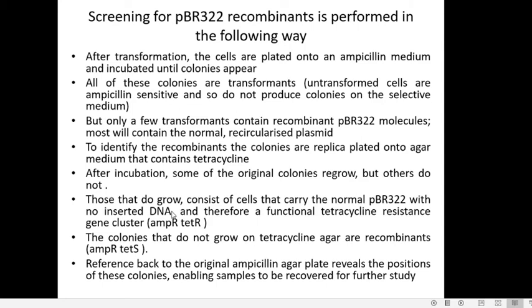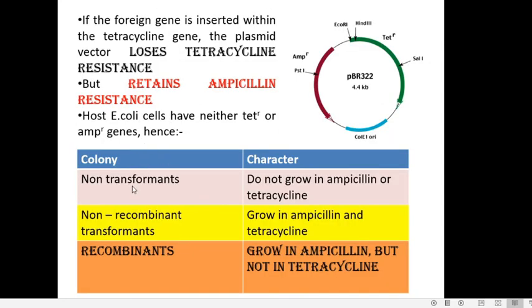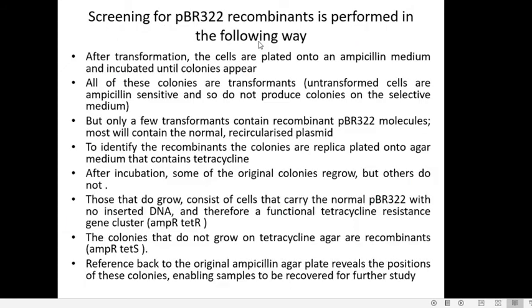We will just check. The non-transformants do not grow in ampicillin, whereas the non-recombinant as well as the recombinant transformants will grow in ampicillin. So in the first step, when you plate the cells into ampicillin containing medium, you will see some colonies appearing. All these colonies are transformants.